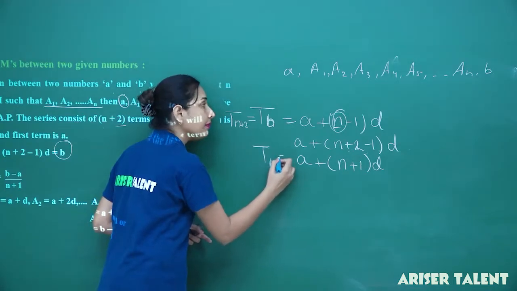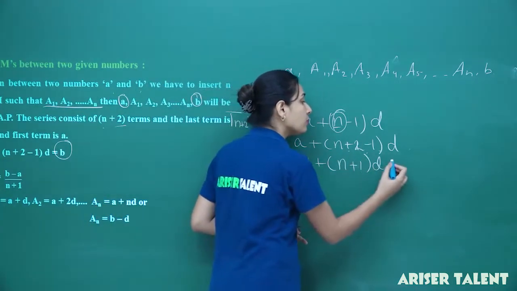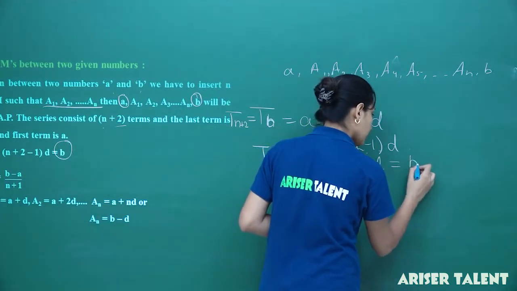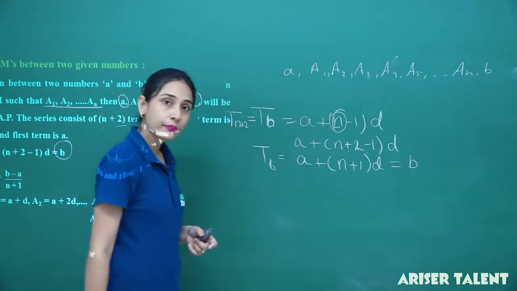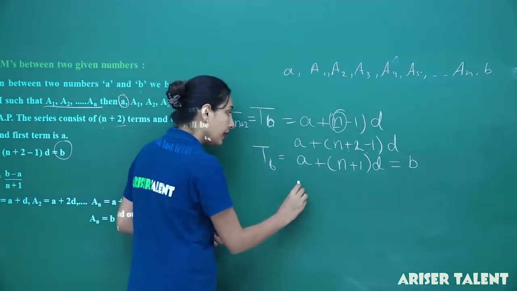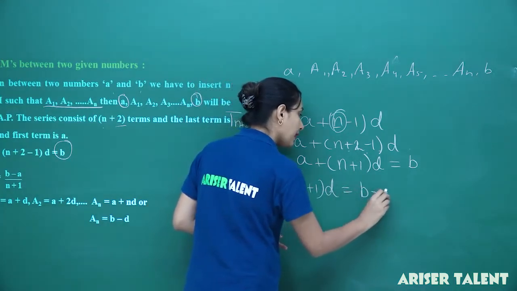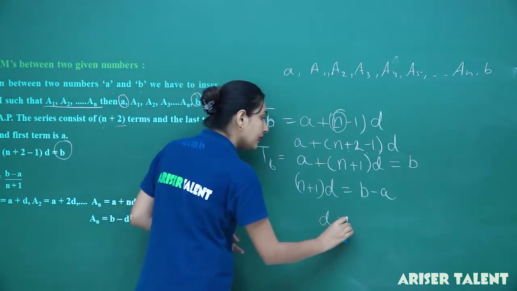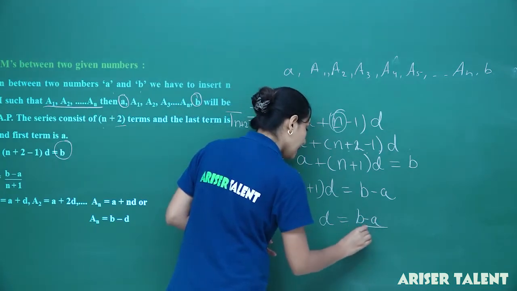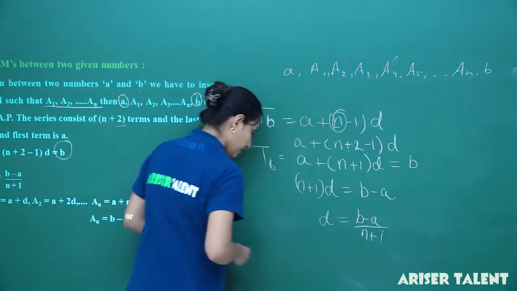T_B for the term B. So this will be equal to B, right? Now n plus 1 D equals to what? B minus A.